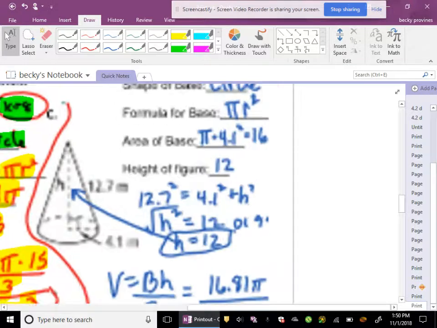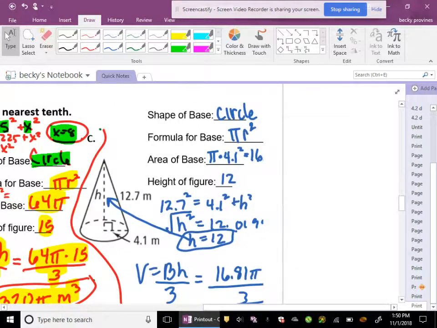Let's do part C. Again, we have another cone. So my base is a circle. The formula is pi r squared. So I'm going to plug that in. So pi r squared, I have pi times 4.1 squared. And here, I want to double check this number.